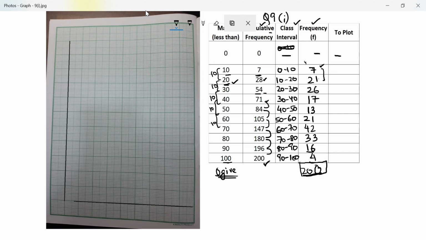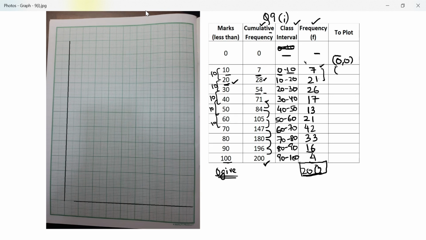We will not be plotting this question because the question doesn't want us to plot. But let's write what we'll plot. The lowest frequency is 0, so 0 and 0 will be my first point.